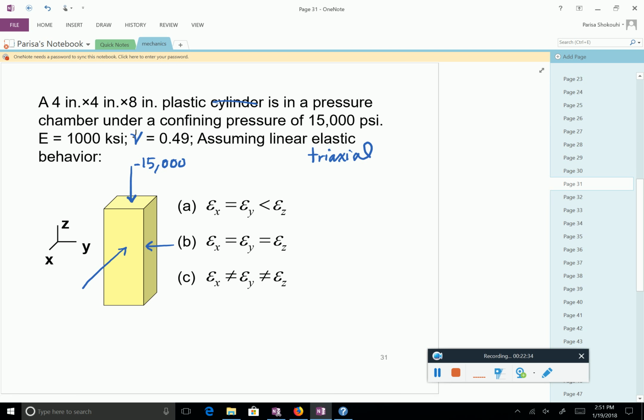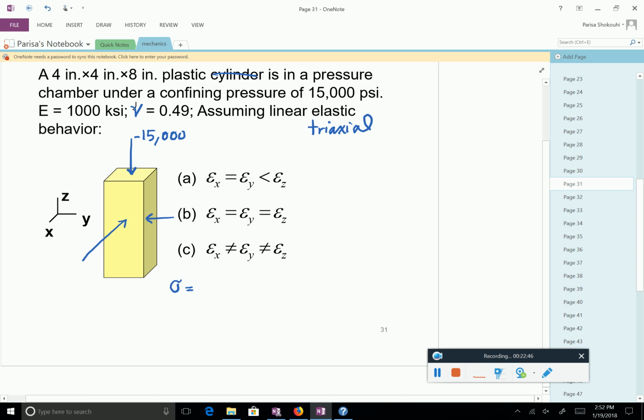So here you need to use generalized Hooke's law. So sigma x equals sigma y equals sigma z, and it is negative 15,000 psi. Or you can make your life easier and say 15,000.